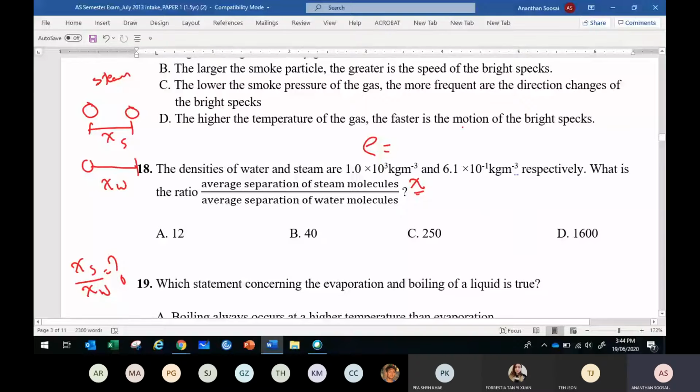What is density? Density is mass over volume. So if you take the mass of one molecule, the volume should be the volume occupied by one molecule.